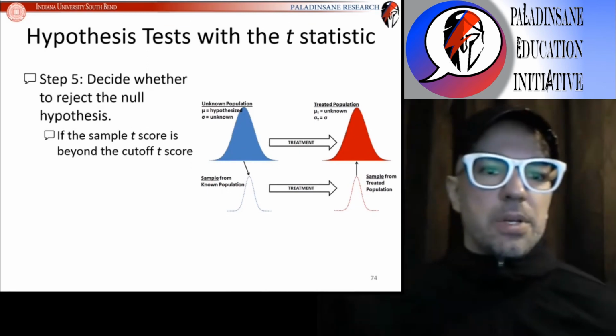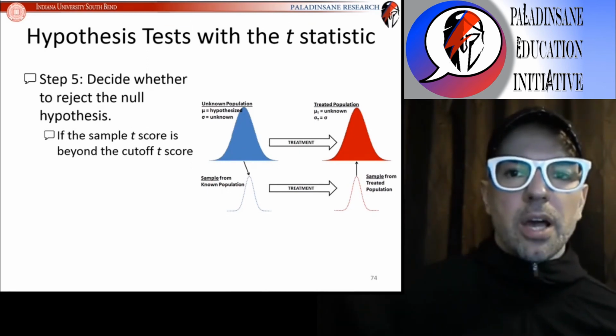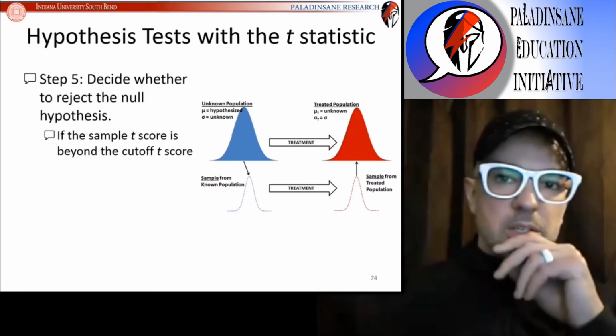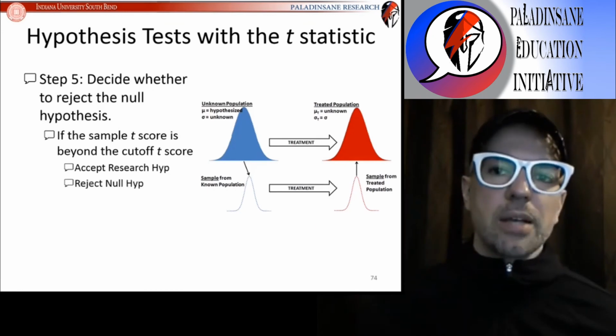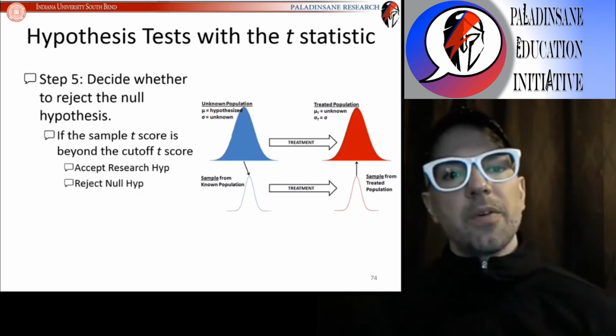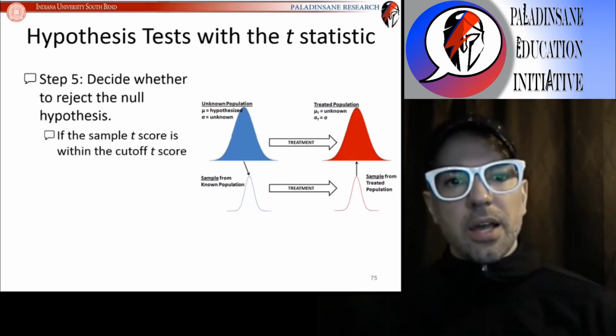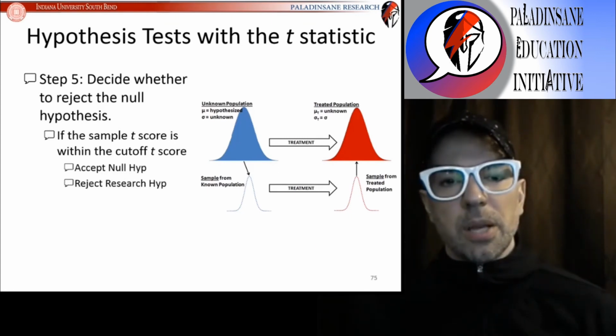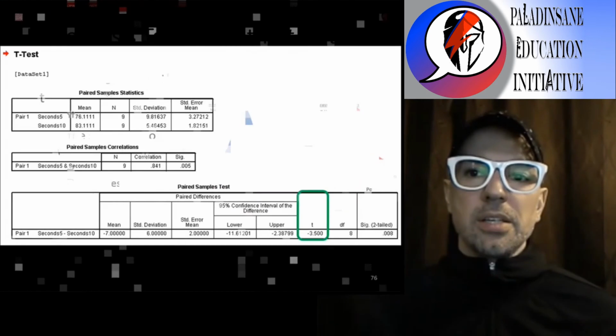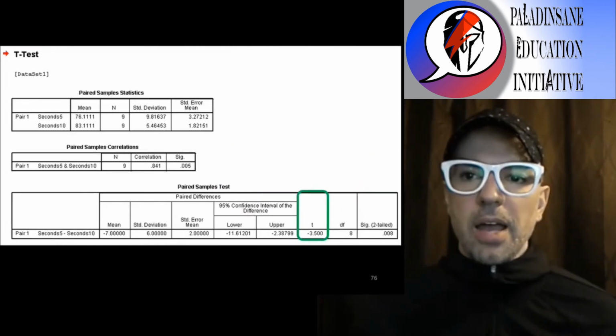Normally we would compare the sample t-score to the cutoff t-score, and if the sample t-score was beyond the cutoff t-score, we would accept the research hypothesis and reject the null hypothesis. If, on the other hand, the sample t-score is within the cutoff t-score, we would accept the null hypothesis and reject the research hypothesis.